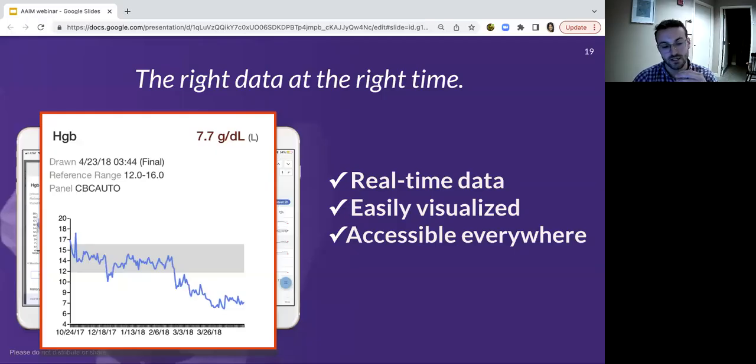So it's very eye-catching. I think it's all of those features that make it easier on the eyes. You can digest important information very quickly and also see trends very easily. That makes this a better tool than Epic for seeing data, which is a crucial component to sign-out and shift handoffs.